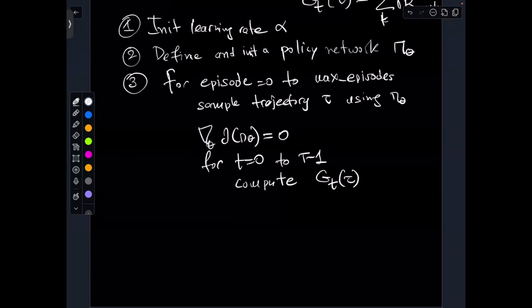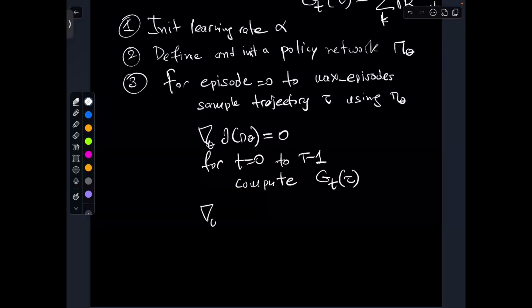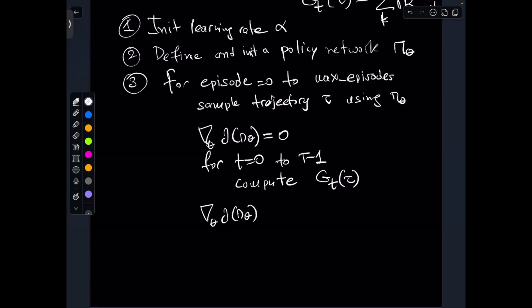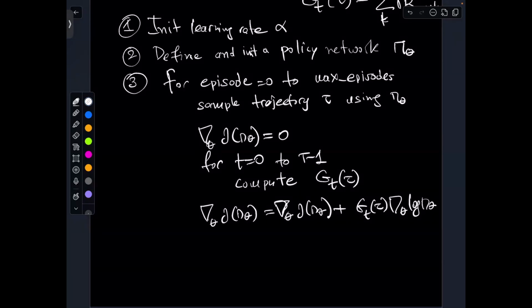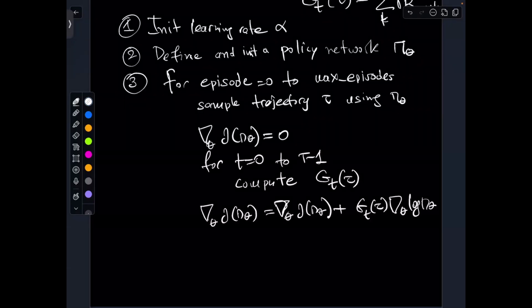And then we update the gradient of pi of theta to be the previous gradient plus G_t of tau times the gradient over theta of log pi of theta, per the previous discussion.